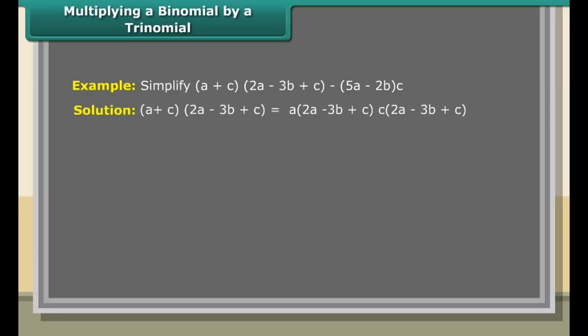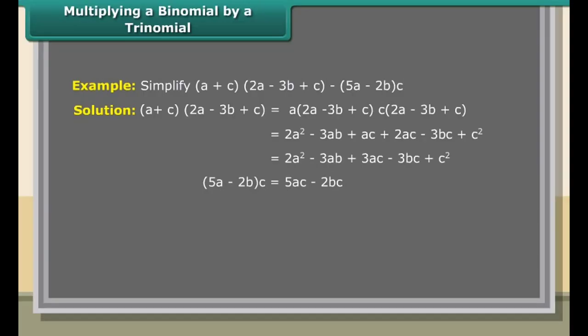Solution. (a + c)(2a - 3b + c) is equal to a(2a - 3b + c) + c(2a - 3b + c), which is equal to 2a² - 3ab + ac + 2ac - 3bc + c², which equals 2a² - 3ab + 3ac - 3bc + c².